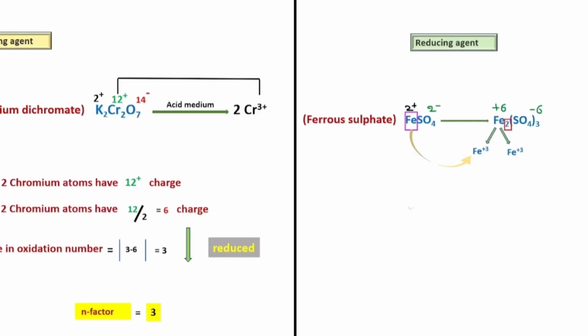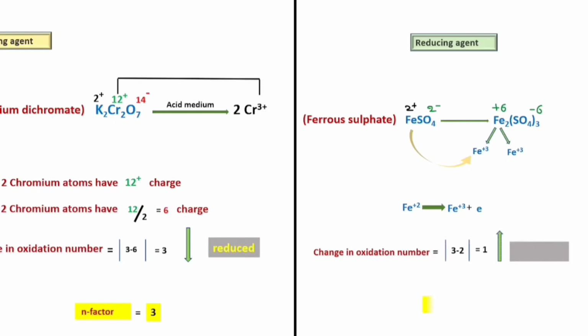So ferrous atom discards an electron and changes to ferric. And the change in oxidation number is the mod of 3 minus 2, that is 1. So in chemical reaction, as a reducing agent, ferrous sulfate oxidizes itself and reduces other substances. So its N factor is 1.